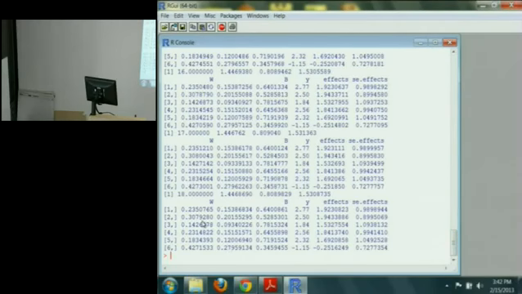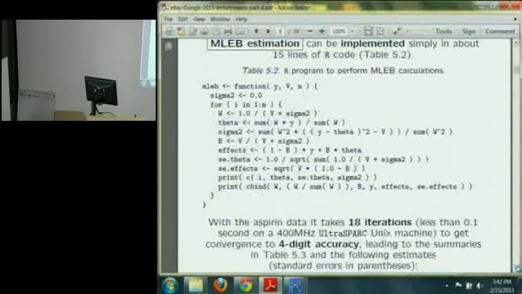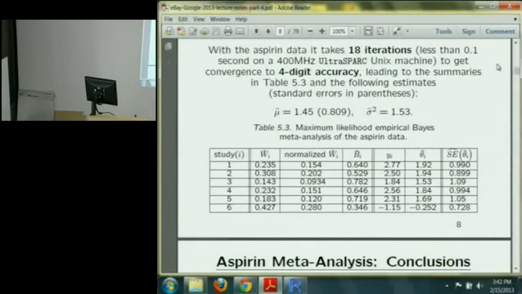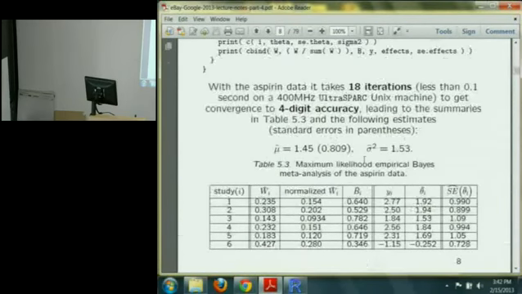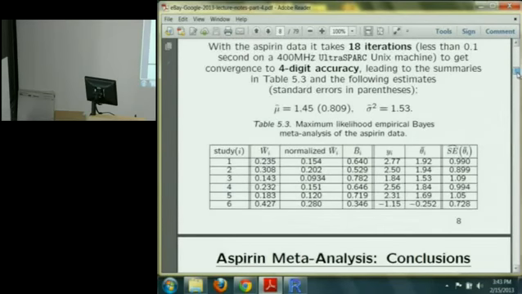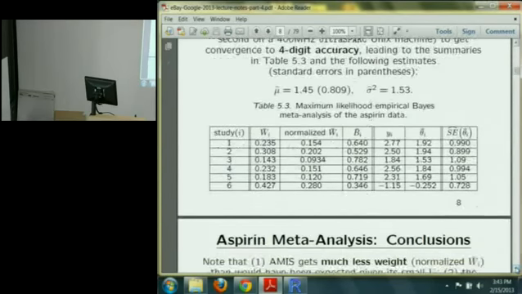And in the maximum likelihood empirical Bayes analysis, I guess I can go back to the table down here. Those are what we get out as our MLEBs, and the weights turn out to be as follows. The weights in the algorithm are not normalized, and so I just add them up and divide by their sum to make them normalized.